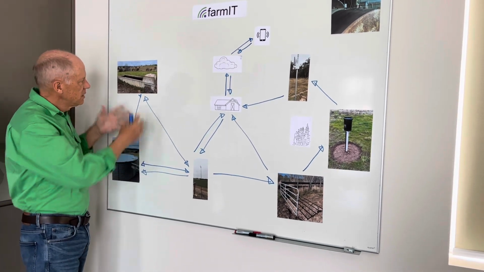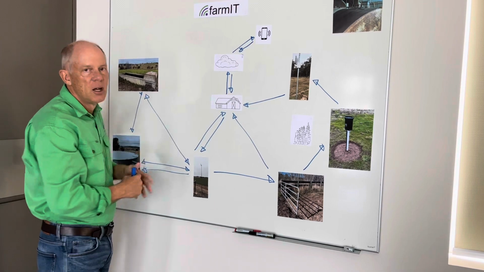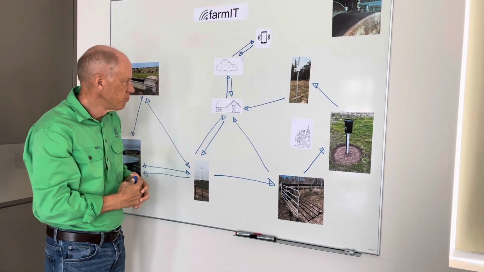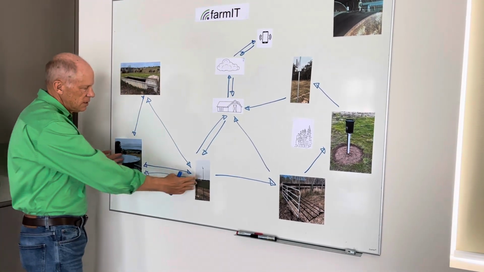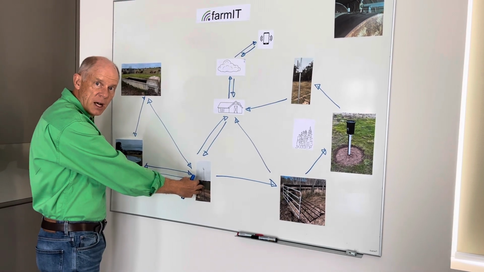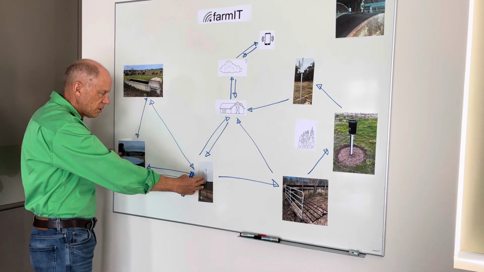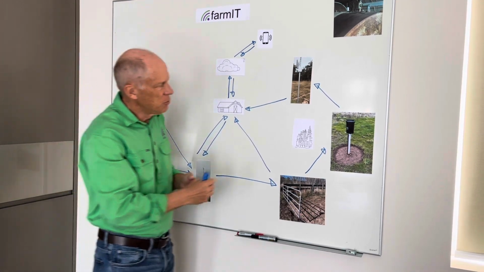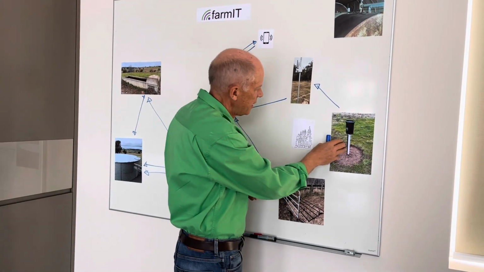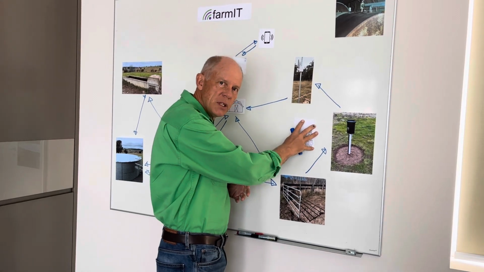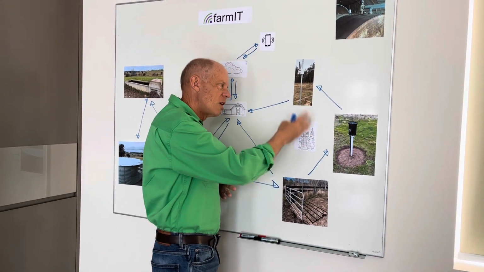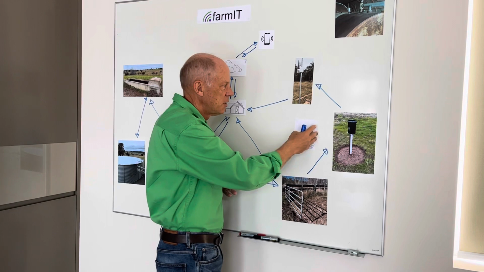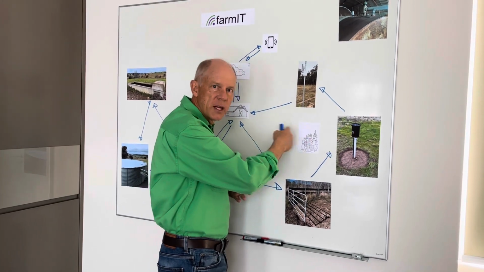Now, all of these sensors are within line of sight of each other. So these sensors here, they can be several kilometers apart, so the range is very large, but they must be within line of sight. Now over here, for example, we've got the rain gauge, and let's imagine there's a big line of trees that's blocking the signal, and it can't get to the house directly.